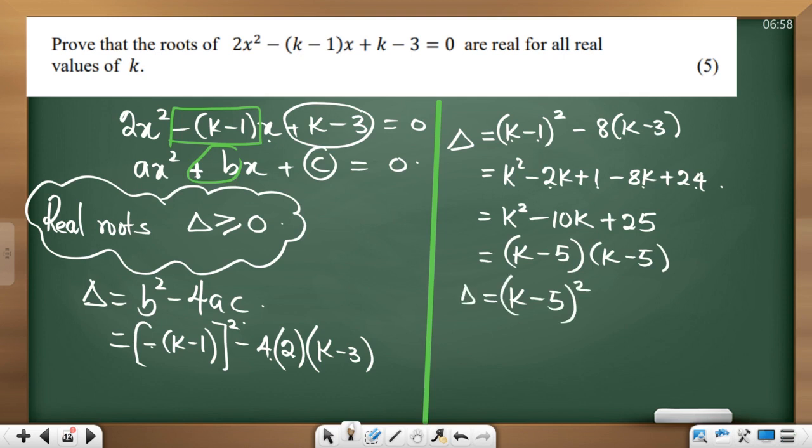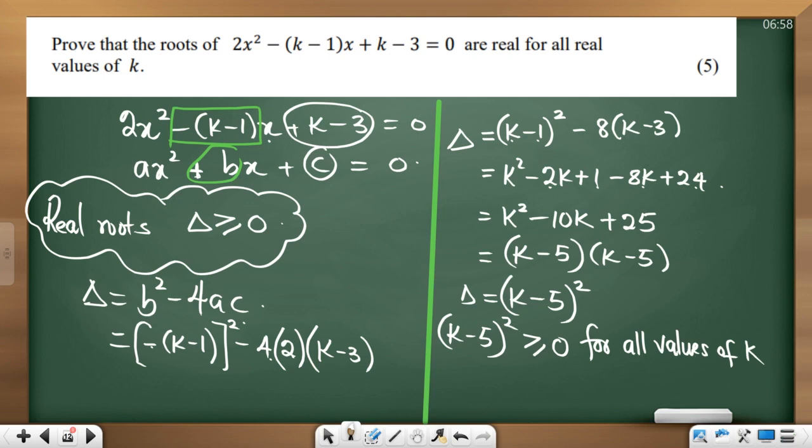Beautiful. Since my discriminant is a perfect square, remember that (k minus 5) all squared will always be greater than or equal to 0 for all values of k. And when I say all values of k, that is including 0. Now, if k is equal to 5, the whole thing would give me 0.